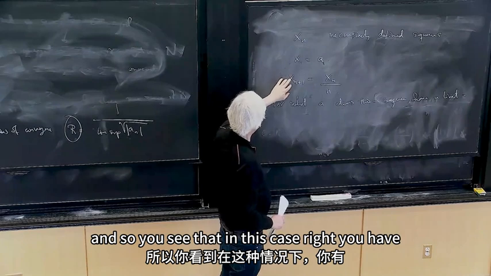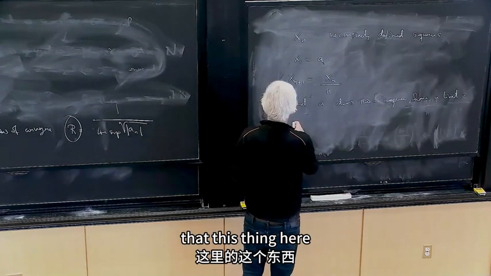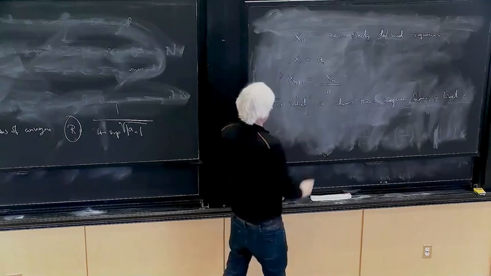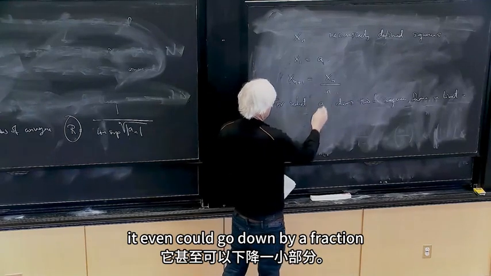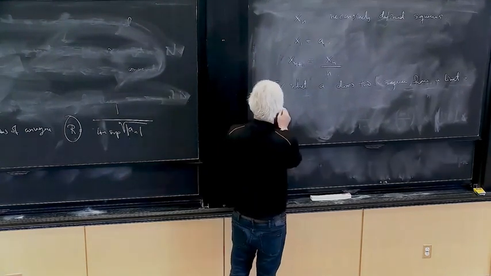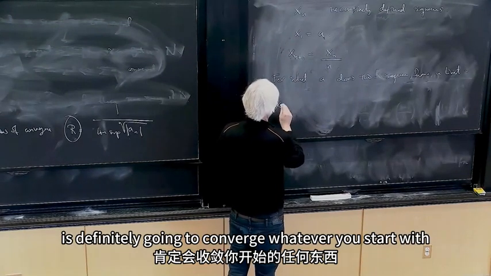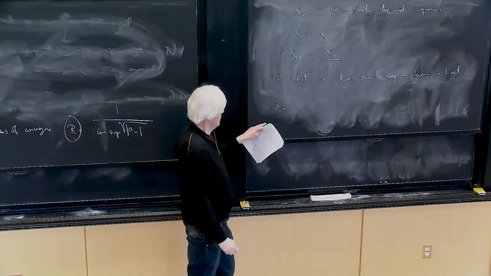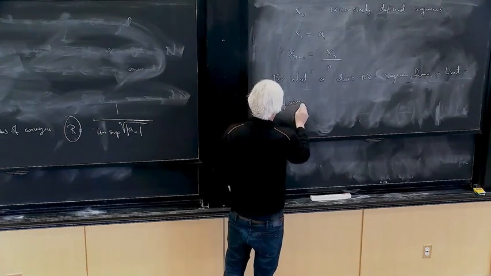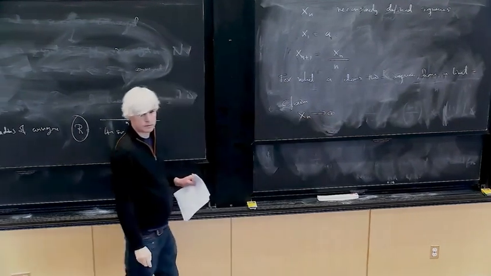You see that in this case it is going down, it could even go down by a fraction. If you're looking at x_n, this is definitely going to converge, whatever you start with. So I claim that x_n always converges to 0.